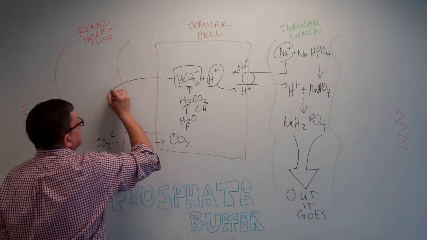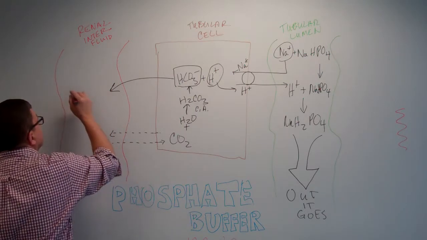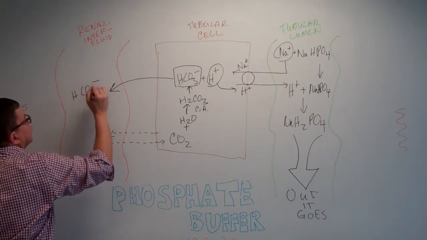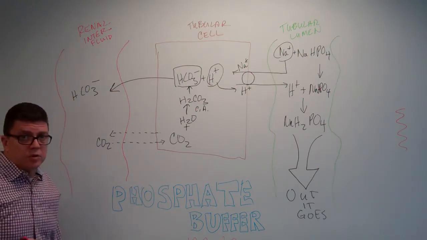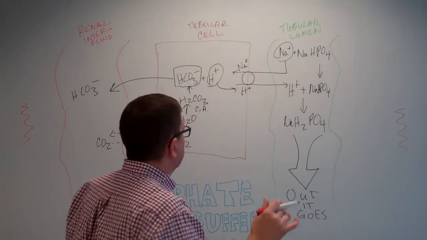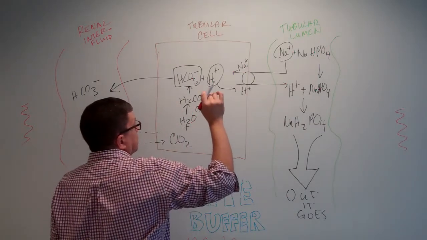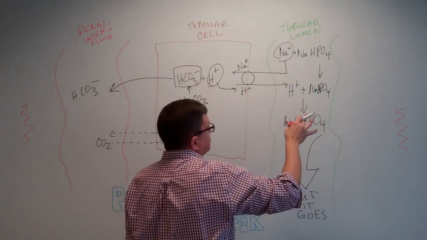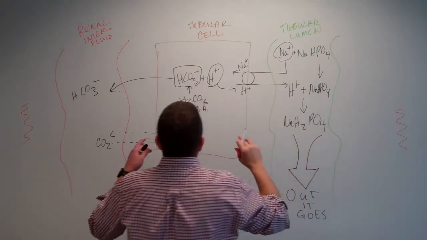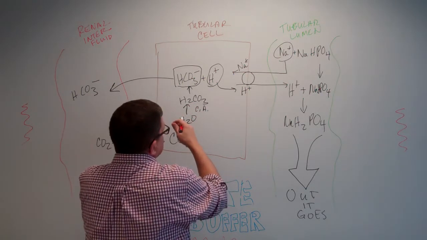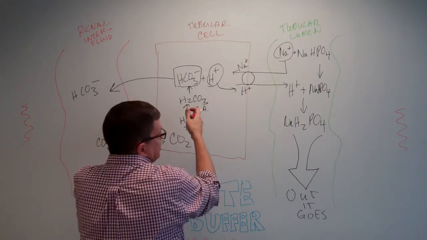heads back over here and is reabsorbed into the renal interstitial fluid. So the bicarb gets reabsorbed. What we have, in essence, with the phosphate buffer is hydrogen ion heading out of the body, which has nothing to do with the carbonic acid equation, because that's contained within the cell.